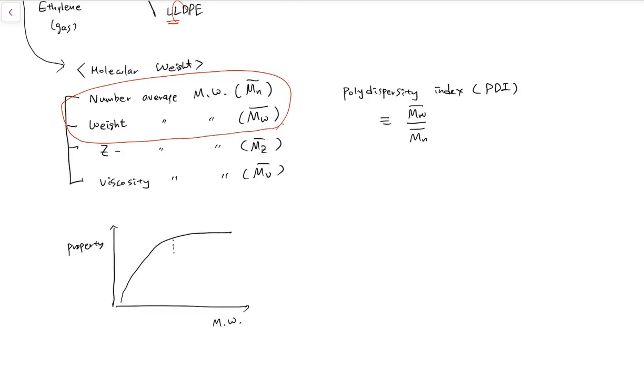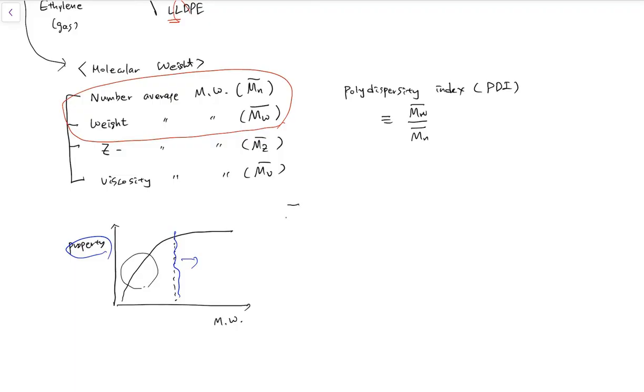When molecular weight is relatively small, the physical property is not sufficient, but when molecular weight is above a certain level, the physical properties have a relatively constant value. That's why molecular weight is important, and we need to define the molecular weight of specific polymers. So let's define each of these molecular weights.